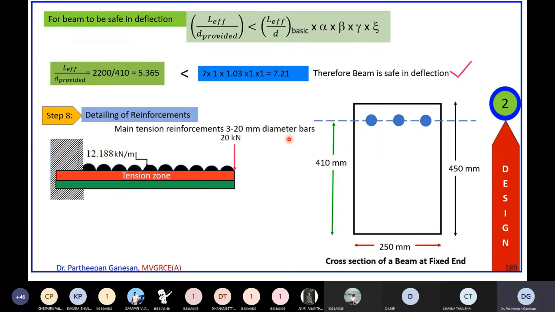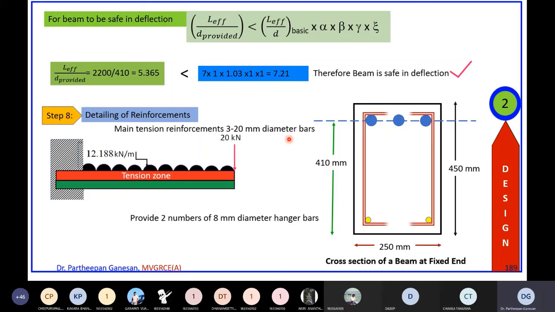When we come to the third unit, I am going to again take up the same problem to complete the shear part, and then finally we will draw all the drawings. Here we have drawn only the cross section of the beam. After finishing the third unit, we will be drawing the cross section and also the longitudinal section. Is that clear? Also this hanger bar, and these are the stirrups.